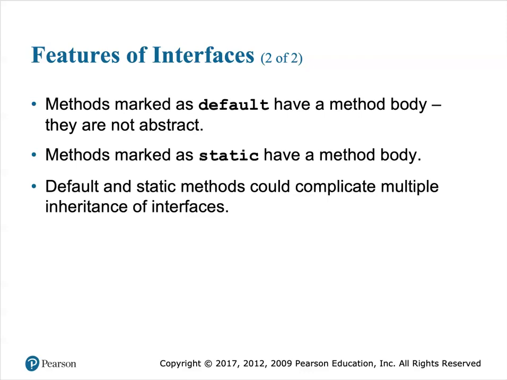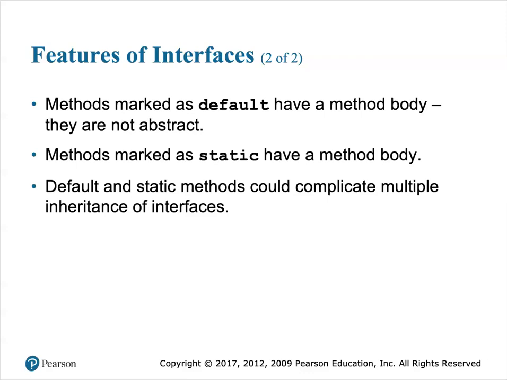The reason why you want to be aware of this is because interfaces historically define what code will be implemented. If they then implement code and you can have multiple interfaces, it is conceivable that two different interfaces will implement a method with the same name.